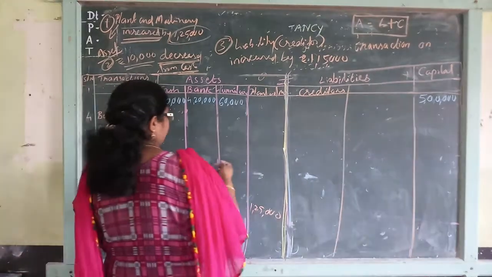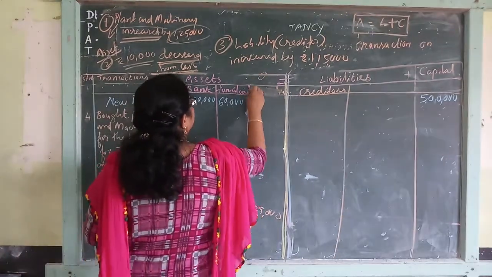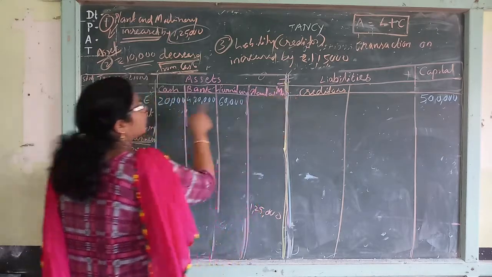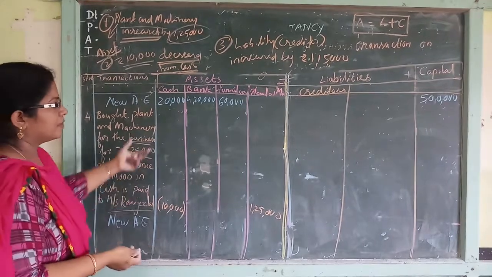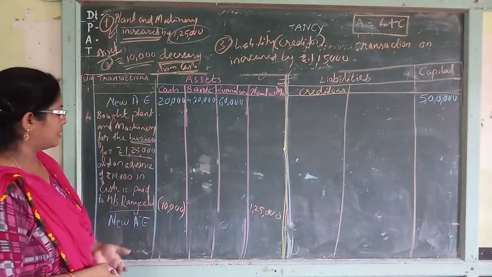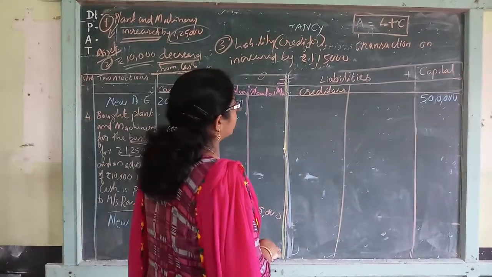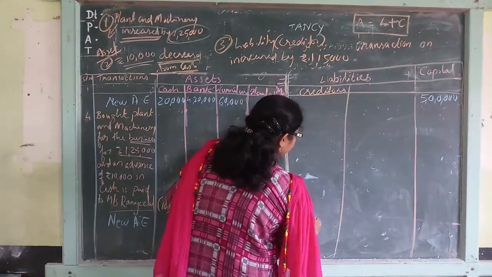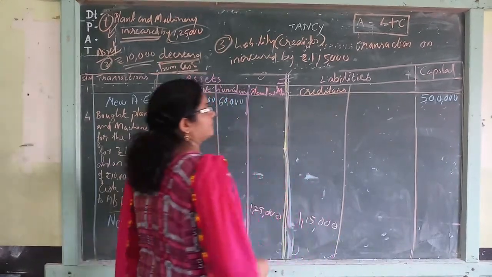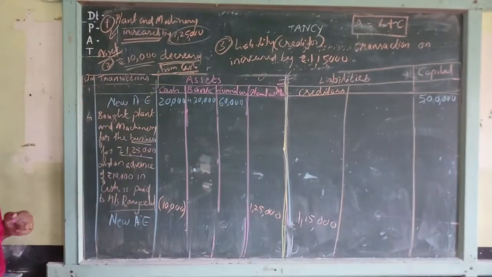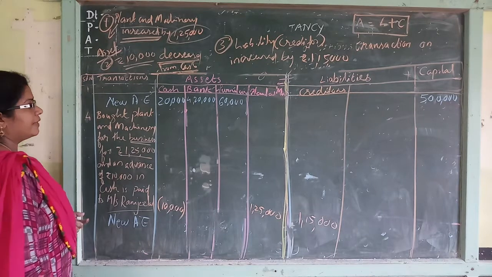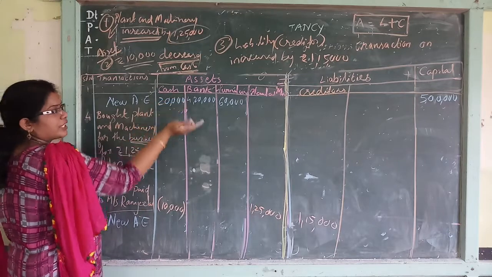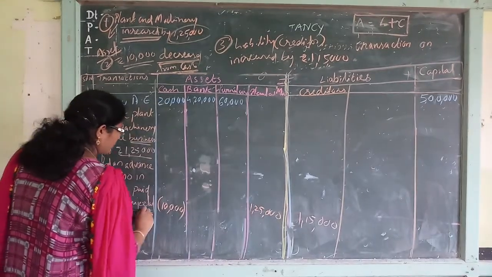Here plant and machinery, all assets are written in that pink column. That's okay. So this is the creditors amount. What is the creditors amount here? 1,15,000 creditor. Clear? So we can make a new account equation, the old account equation combined with the new effects.